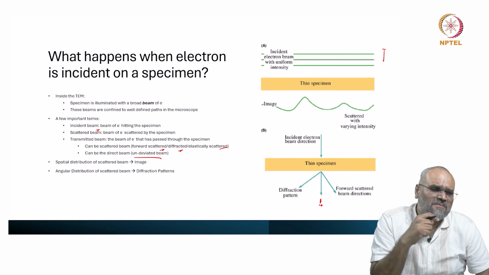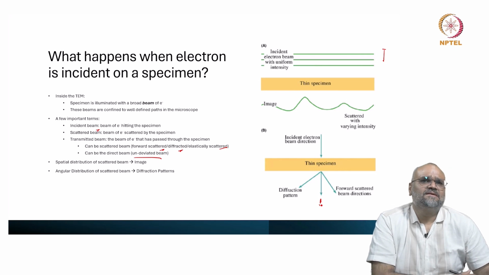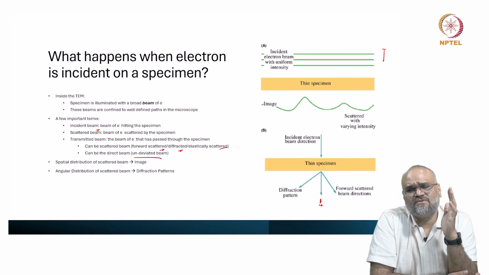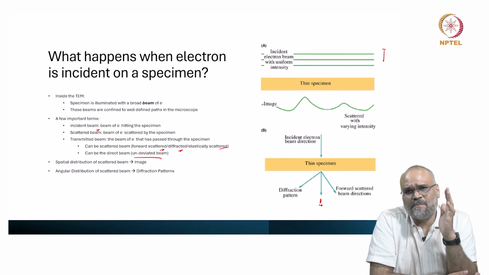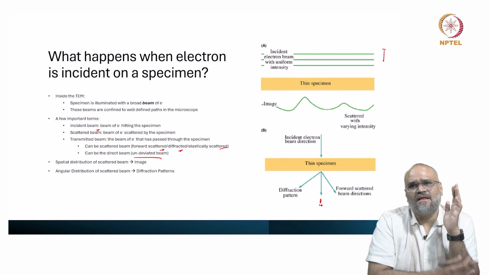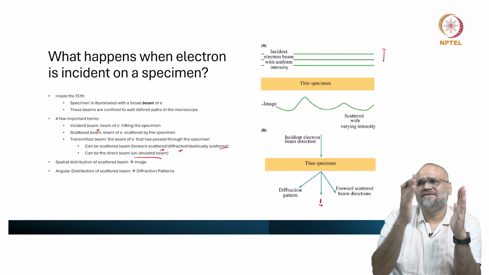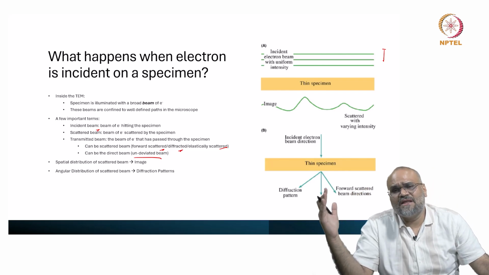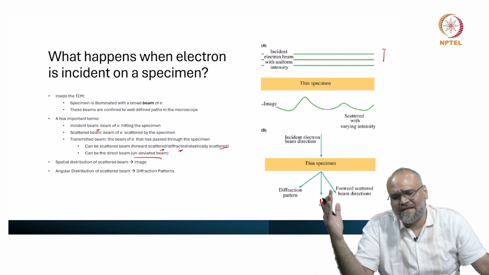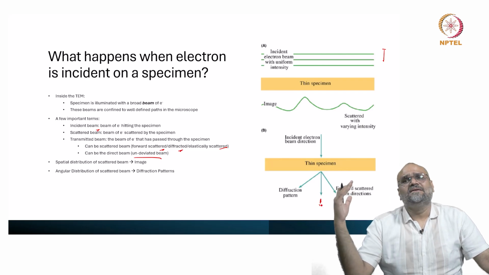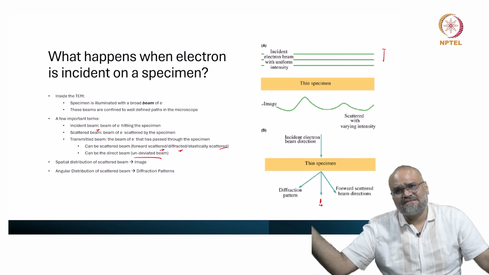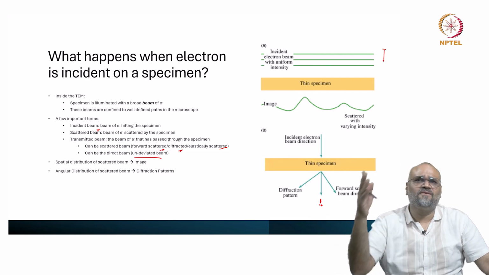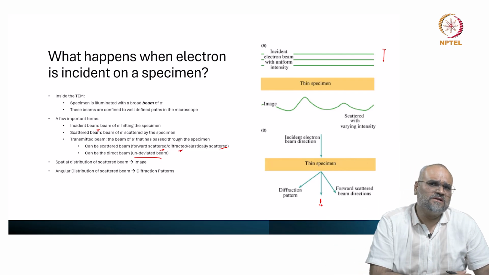And if you remember the function of a lens, when a specimen is placed very close to the focal plane of an objective lens, the information that is propagated through the lens is first a Fourier transform at the back focal plane, and the image that is formed at the image plane is again an inverse Fourier transform of the information you have at the back focal plane.